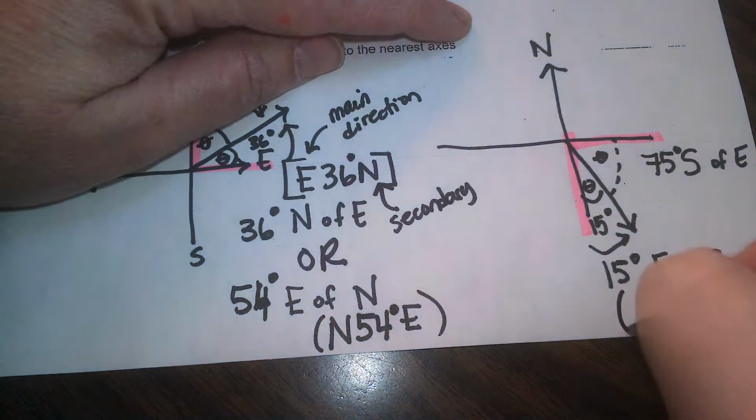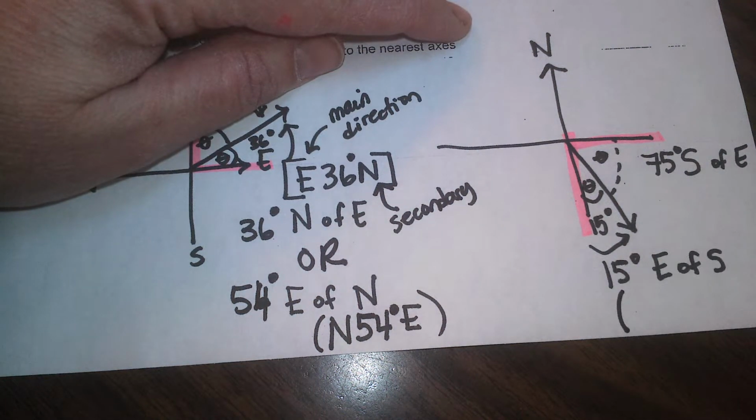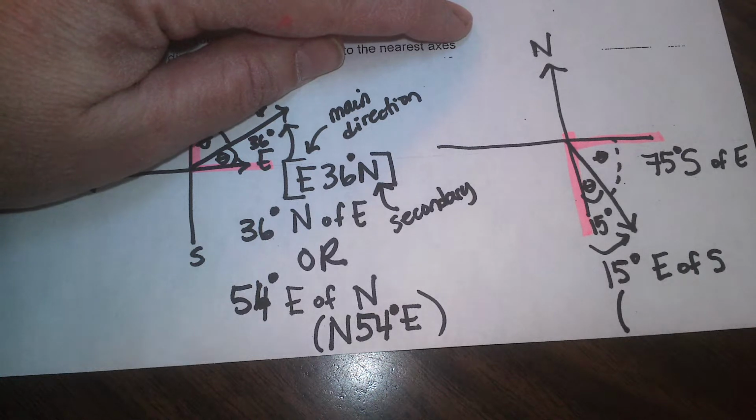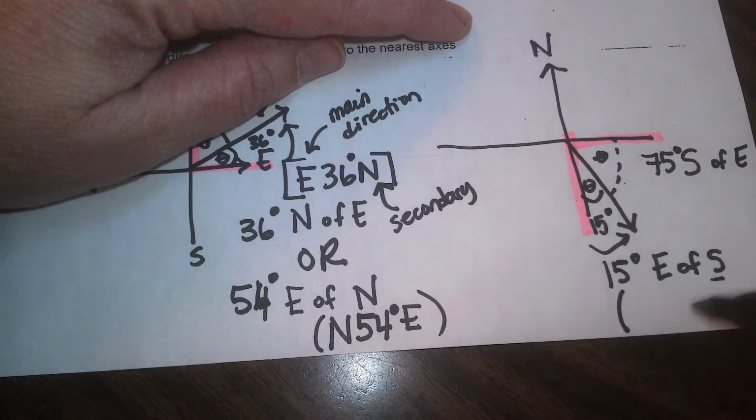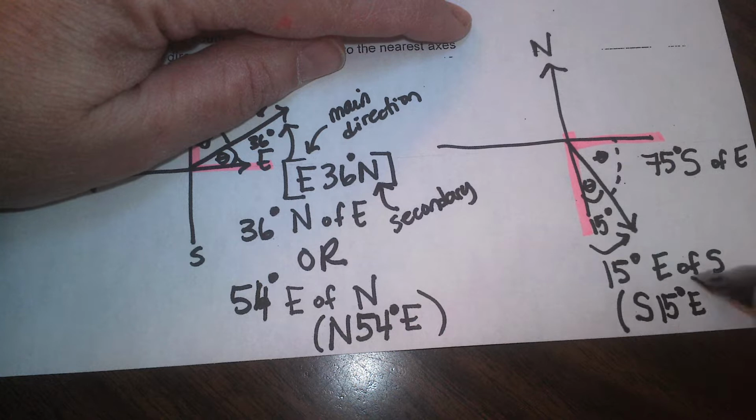Okay? What would I do with 15 east of south? How would I write that? Cameron, do you think? Which is my main grid line? I'm going east of south, so south is my main grid line. It's the one I want to move from. From that, I'm going to go 15 degrees east. Main grid line, how far am I going, in which direction?